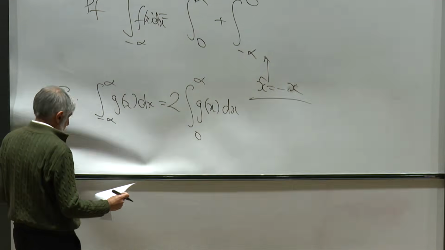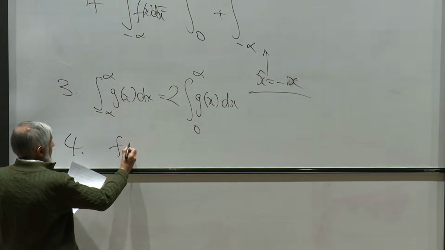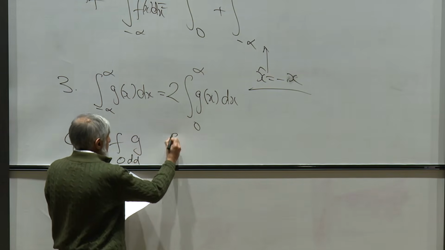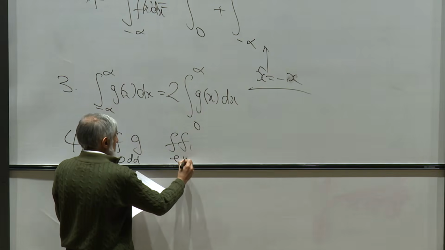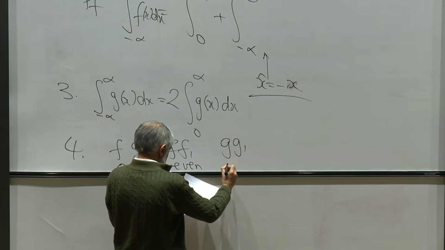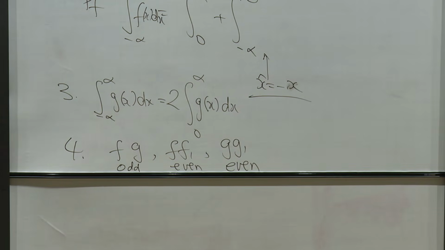Okay? And this one finally, leave as an exercise. F times g is odd. F times f1 is even. G times g1 is even. Leave you to prove those. Okay?